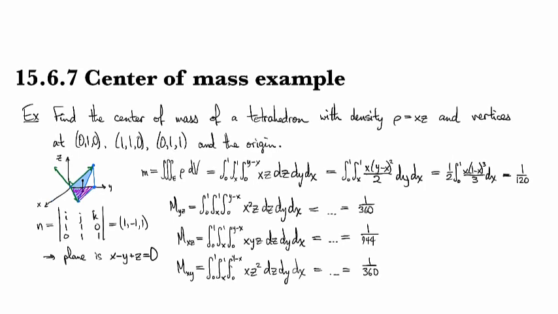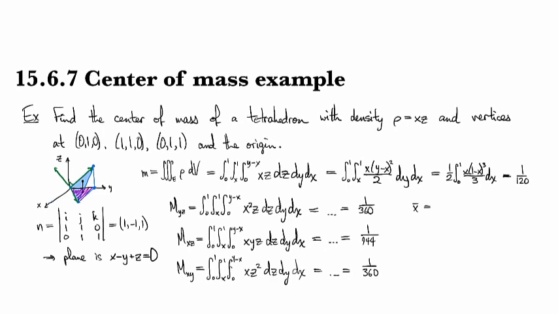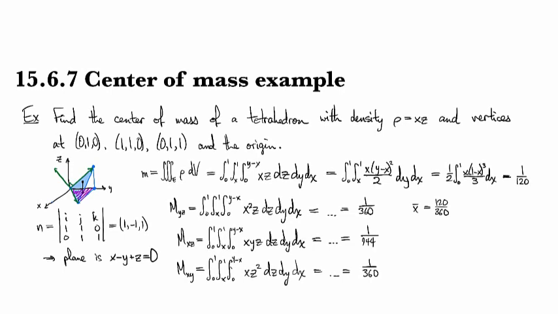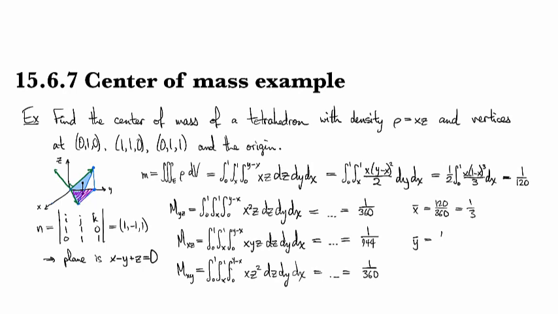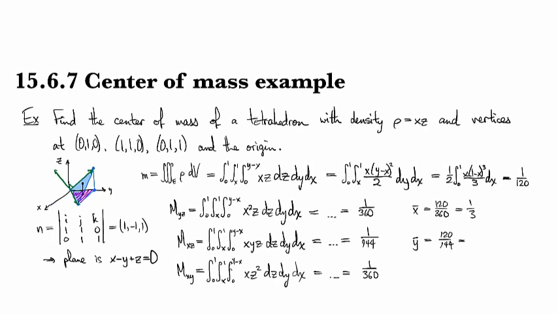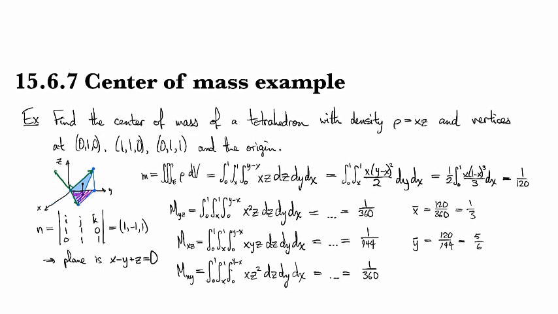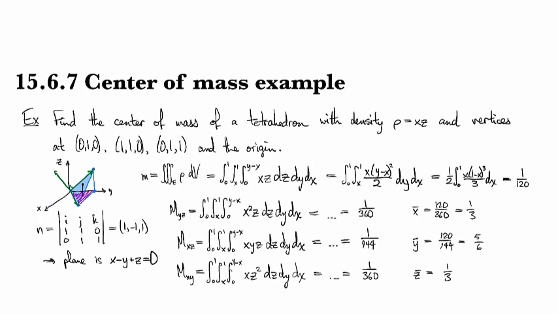So then let's see. Now we've got that our x mean is 120 over 360, which is 1/3, and our y mean is 120 over 144, which is 5/6, and our z mean is also going to be 1/3.